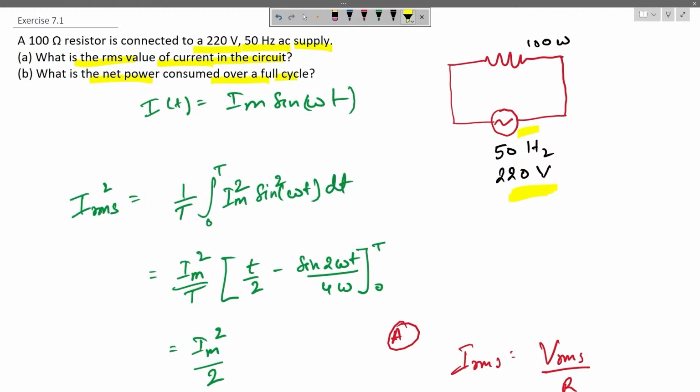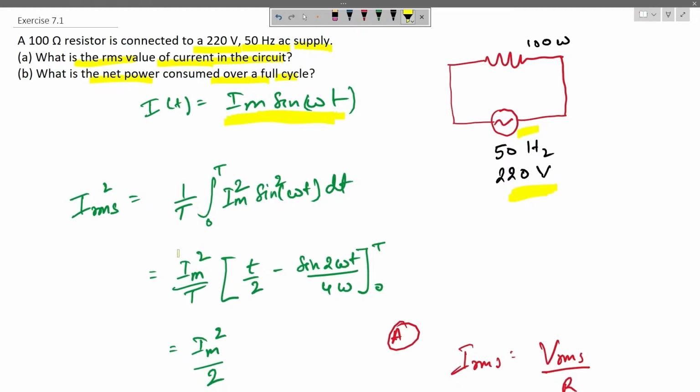To express the AC power in the same form as DC power, the RMS value is used, and RMS is defined as the square root of the average of a squared quantity. If we define current varying with time as Im sin omega t, where Im is the peak current and sin omega t is the sinusoidally varying quantity, then I RMS squared would be equal to 1 by T of the integration from 0 to T, where T is the time period, of Im squared sin squared omega t dt.